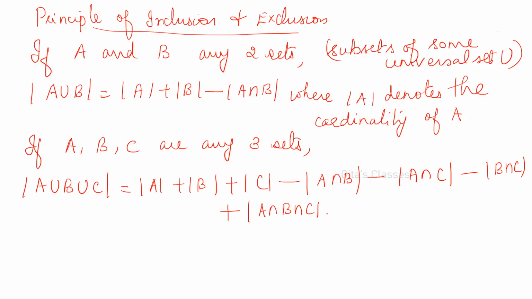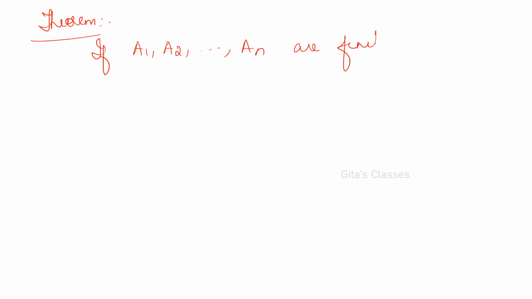Okay. So this is for 3 sets. Now in general, you can write it if there are n sets. So the general theorem for the principle of inclusion and exclusion is: if A1, A2, etc., An are finite sets, then in general you can write cardinality of A1 union A2 union etc. union An is equal to sigma.